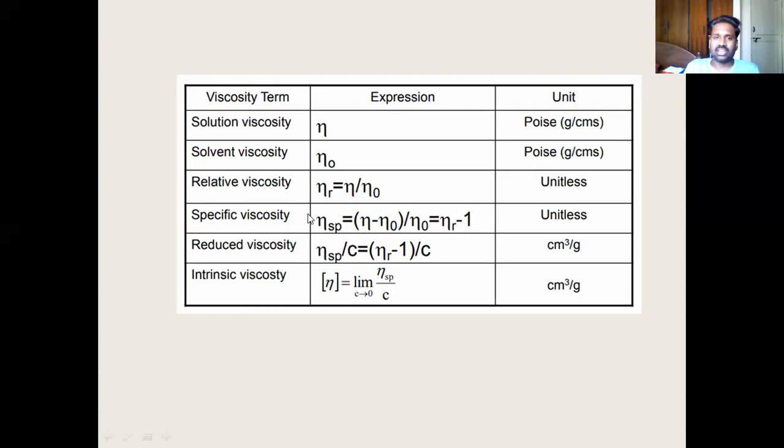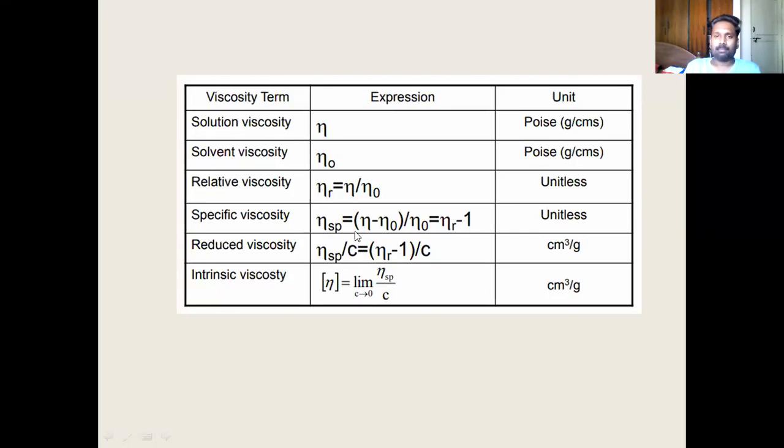Specific viscosity is the difference in the viscosity of solution and solvent, eta minus eta naught, divided by eta naught. You can even simplify this as relative viscosity minus 1. So that is the specific viscosity. And there is also something called reduced viscosity.